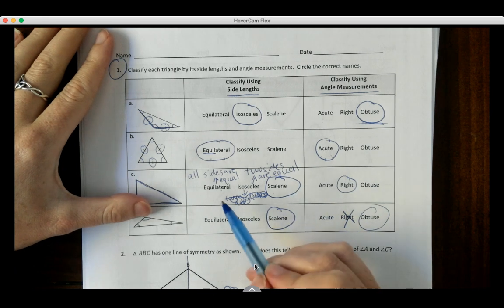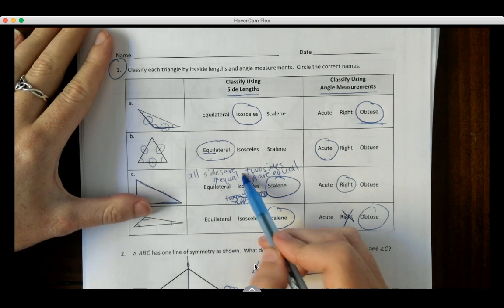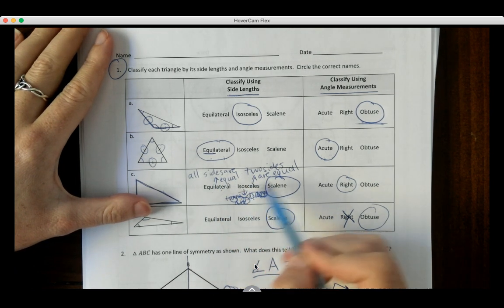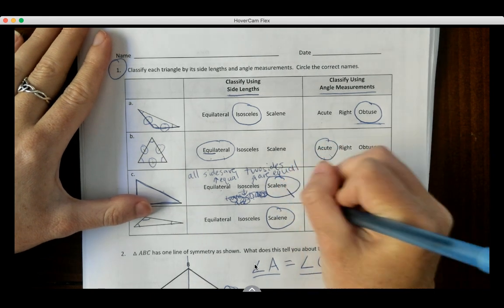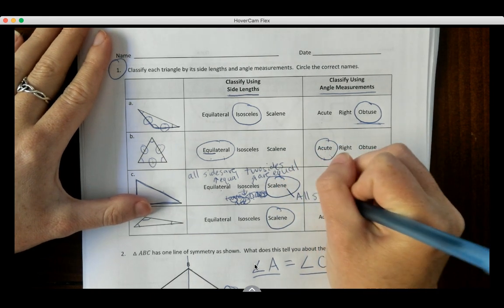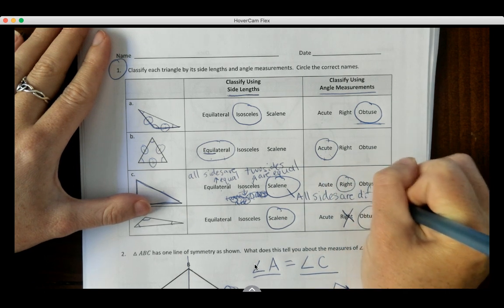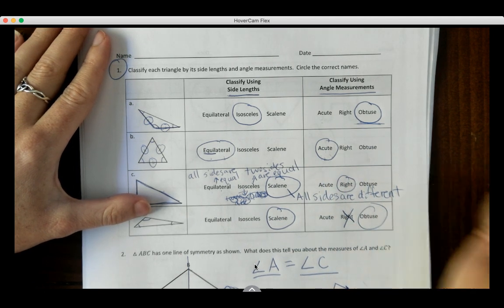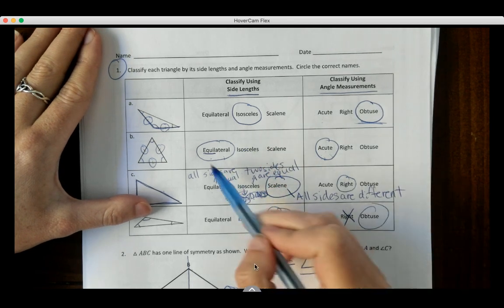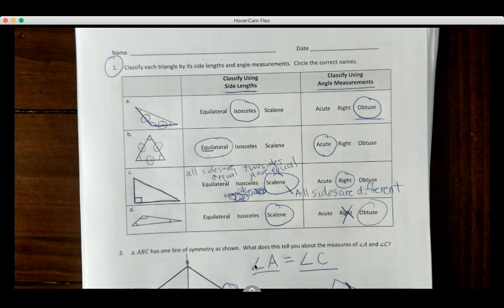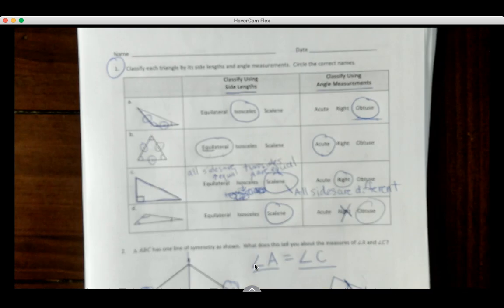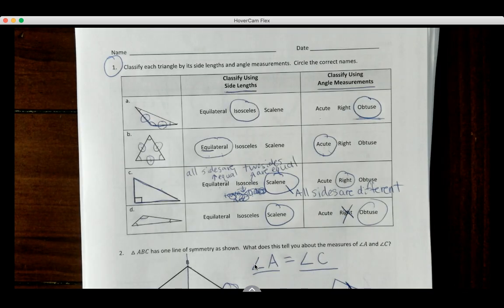So remember, equilaterals, all sides are equal. Isosceles, 2 sides are equal. And scalene, all sides are different. Okay? So I would definitely start familiarizing yourself with those vocabulary words.